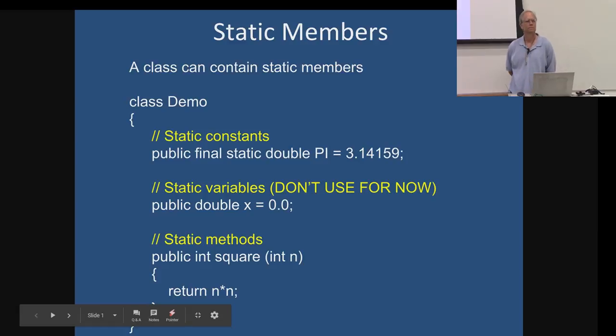Yeah? It'd be visible to anything in the class or anything accessing that class? Yeah, he said it'd be visible. You could use that x anywhere in the class. And you could just call it x. From any method in the class, you could refer to it as x. And for anywhere in the program, as long as you have access to the class, you can say demo.x. And it'd be the same variable everywhere.